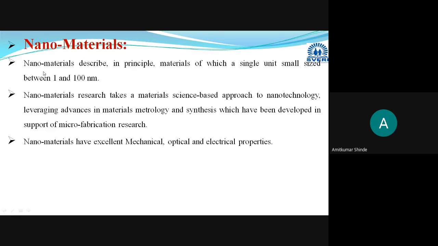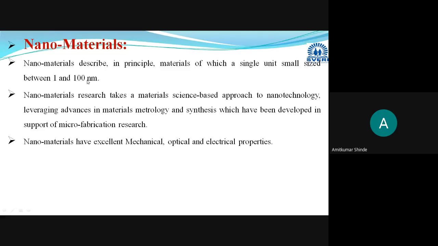In short, what are the nanomaterials? Nanomaterials are materials whose single or smallest unit has a size in the range of 1 nanometer to 100 nanometer.